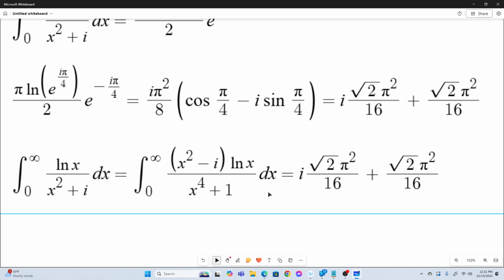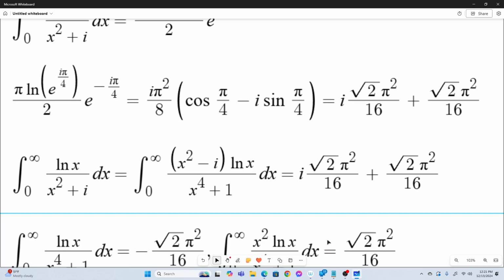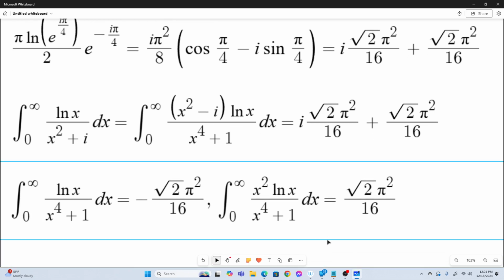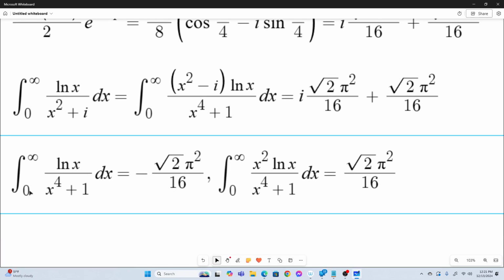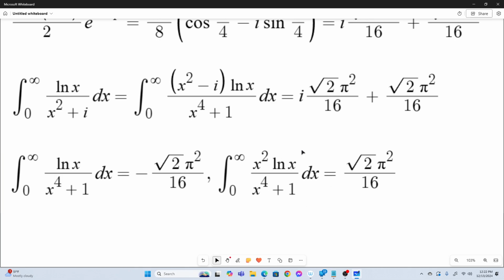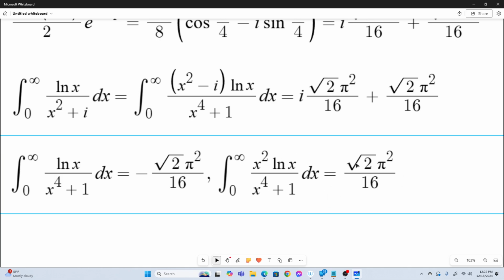All we have to do is match the real and imaginary parts of this, and we have the solution to our two integrals at the beginning. So the integral from 0 to infinity of natural log x over x to the 4th plus 1 dx is negative square root of 2 times pi squared over 16. And the other integral that we were trying to evaluate is just the positive version of that.